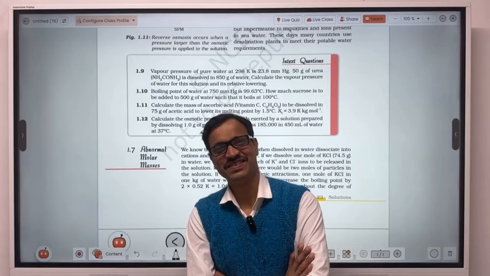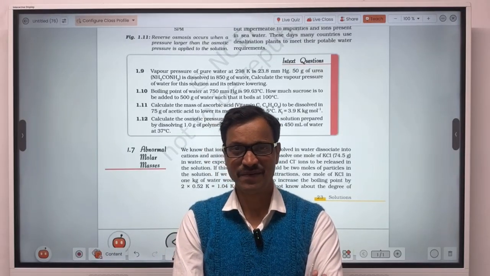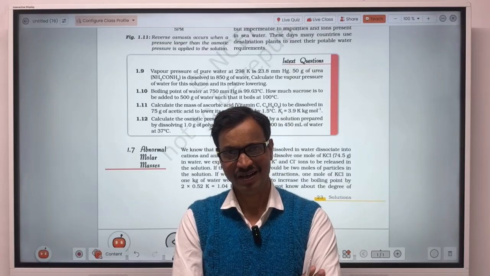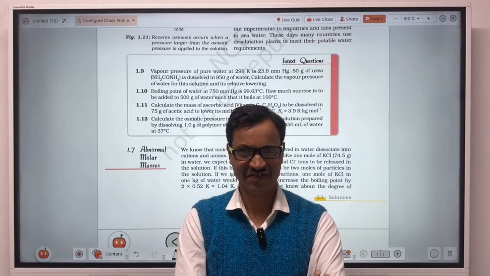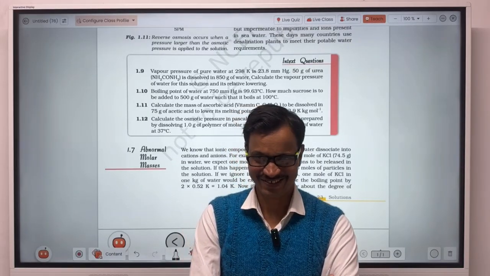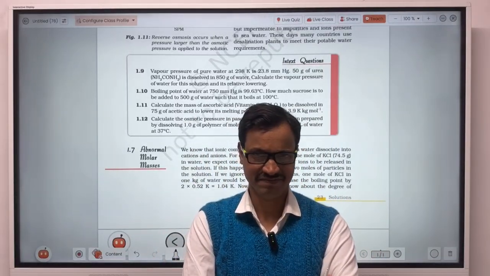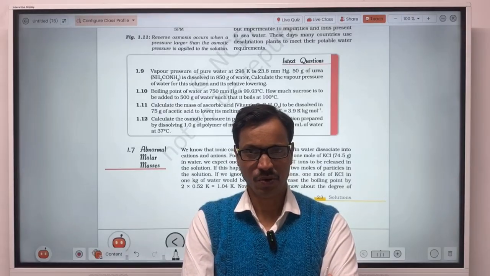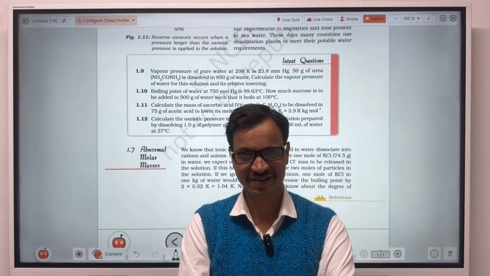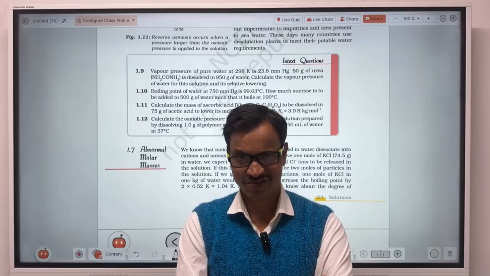But in the colligative properties we discussed previously, we have not considered the dissociation or association of particles when the solute dissolves in liquid. Whatever we discussed was valid only for those particles which do not dissociate or associate when dissolved in solvent.